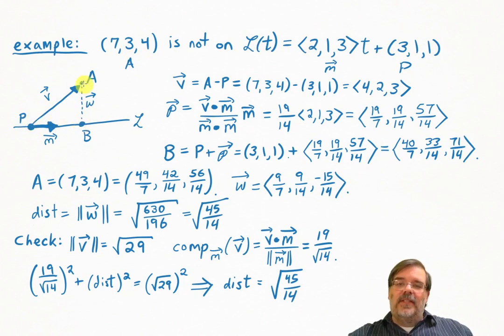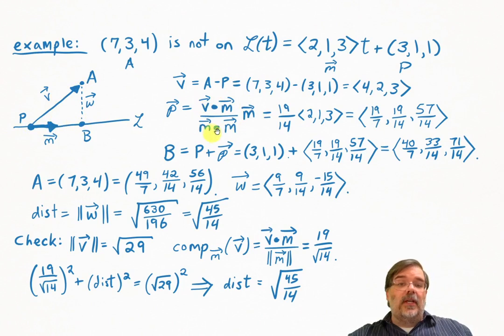The first step is to calculate this vector v. We calculate that as the point A minus the point P. And we'll find after doing the subtraction, you get the vector 4, 2, 3. Next step is to calculate this projection vector, projecting vector v onto slope vector m.